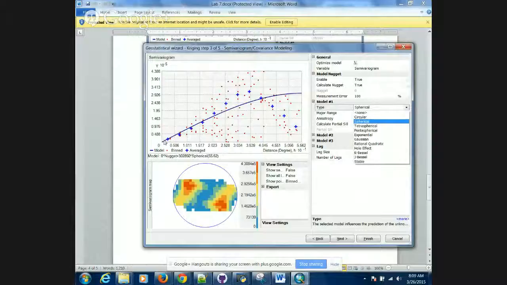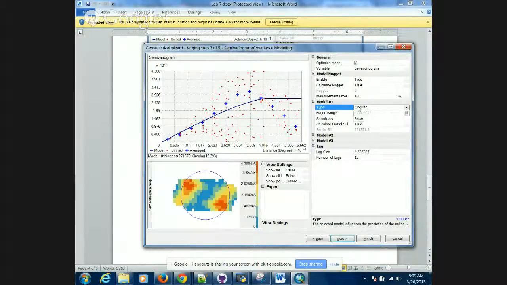Really, the only place where what we want to do is have this line come up, but we want it to kind of level off about right here, because here we don't really have any additional information. We've got a little bit, because this trend kind of keeps going up even though it gets wider. Let's see what we can do. Circular is probably a little bit better choice. I think exponential is probably the better choice there, because we want this to level off.